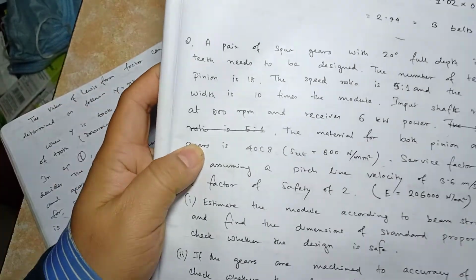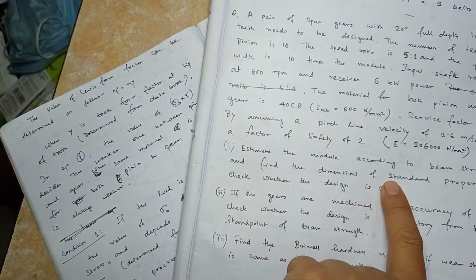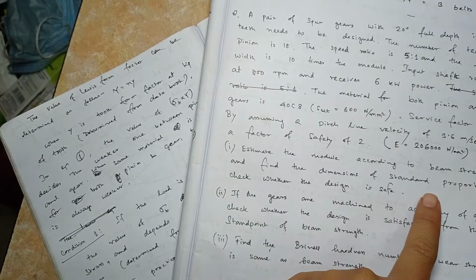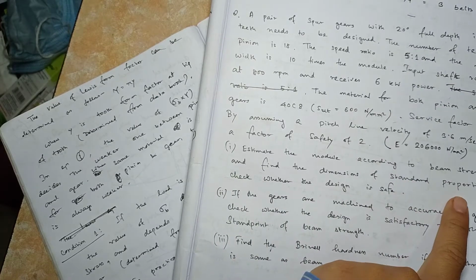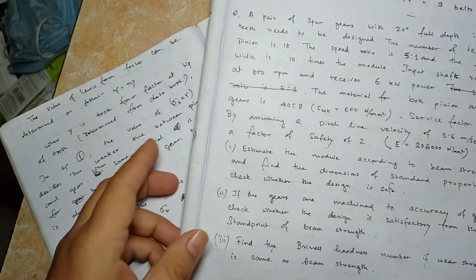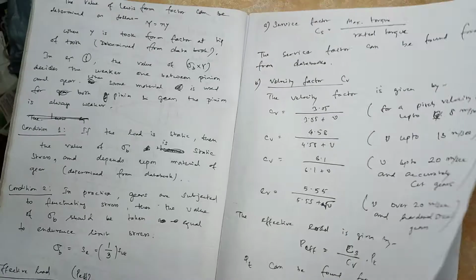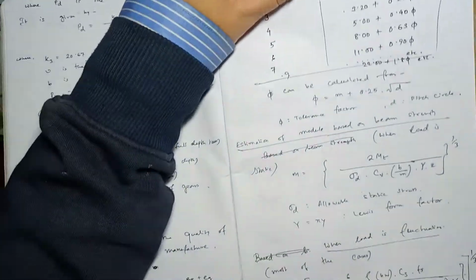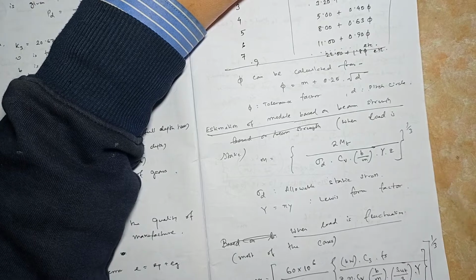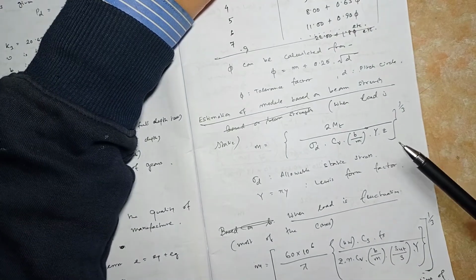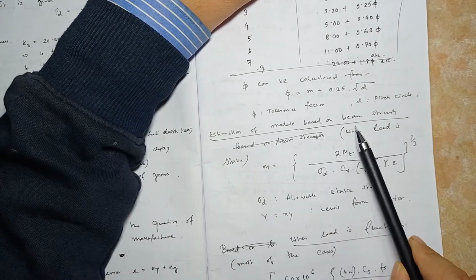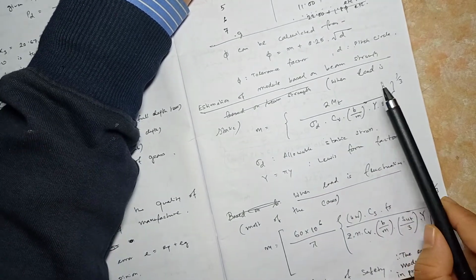Now let us look at how to first estimate the module, and then according to beam strength find your standard proportions. One more thing I have to tell you, the formula to calculate the module according to beam strength, this is the relation. This is when your load is static, and it is written in the question.